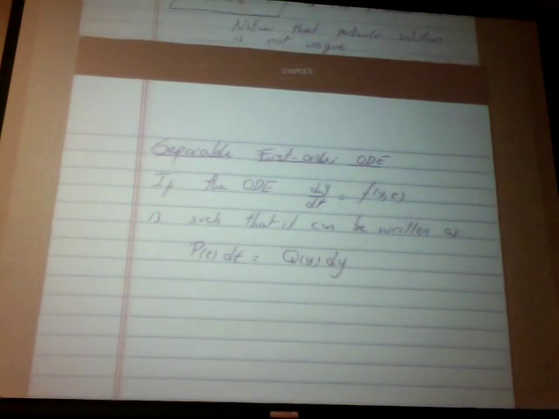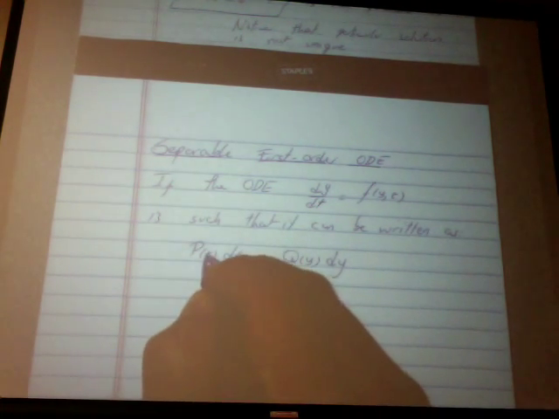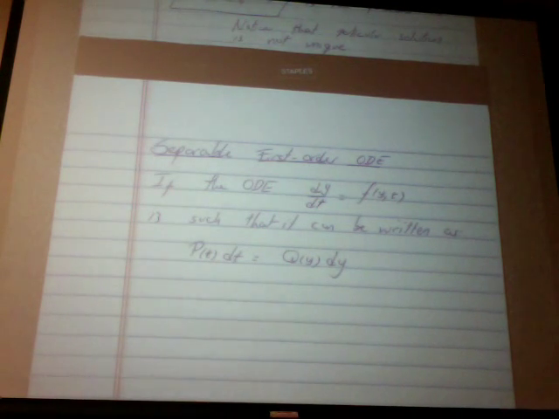So somehow that function f is such that we can take the y and the t terms and separate them. One to the right hand side and the other one to the left hand side, so that no y's are left on the left and no t's are left on the right. That will be a very specific case of equations.